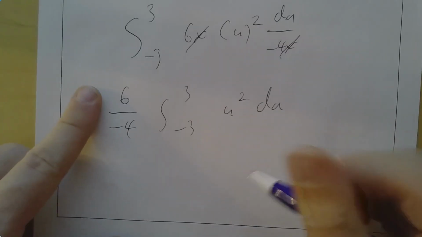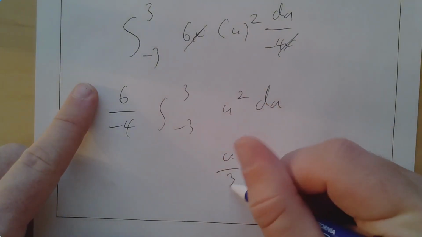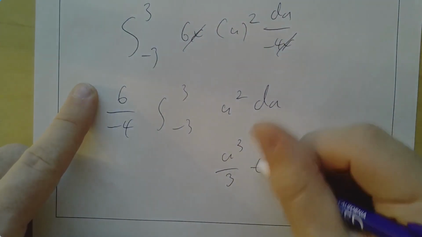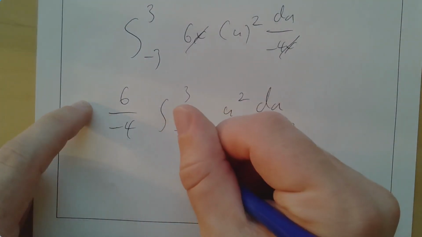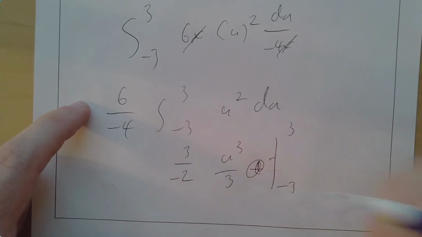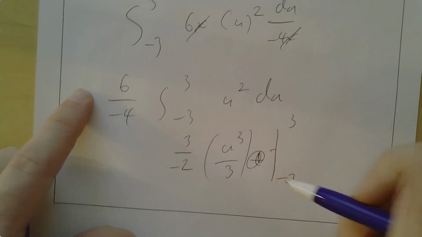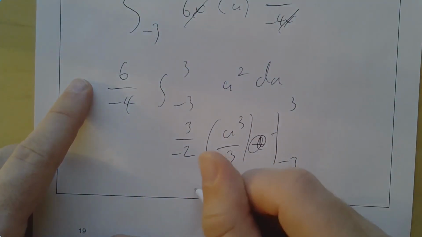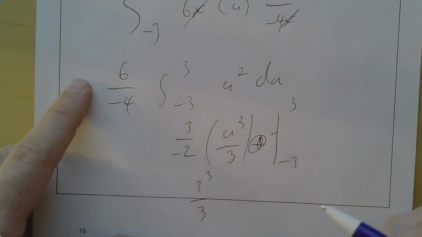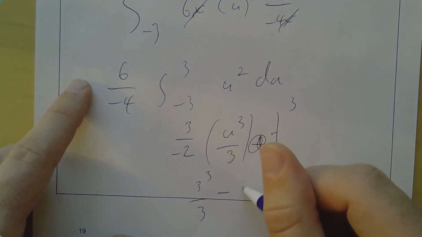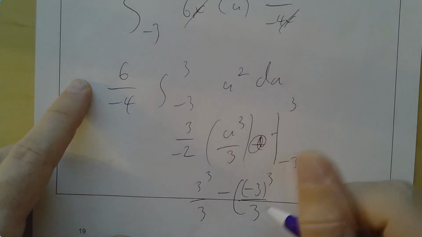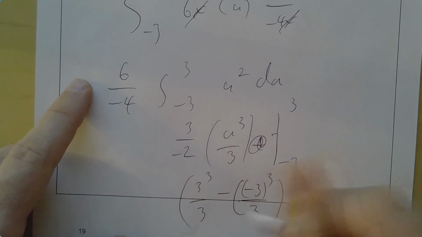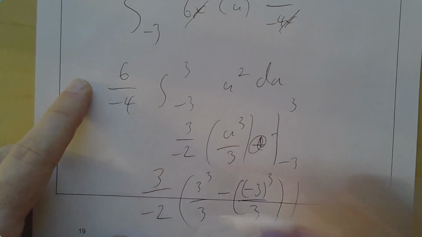Now we anti-differentiate: u to the third over 3. Oh, I don't need to do plus c because it's a definite integral, negative 3 to 3. And then I can simplify this just to be 3 over negative 2. And so it'll be 3 to the third over 3 minus negative 3 to the third over 3. All of that times 3 over negative 2.